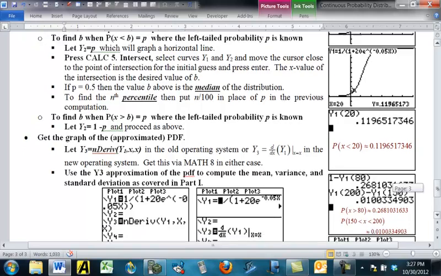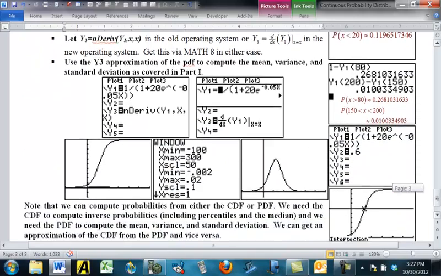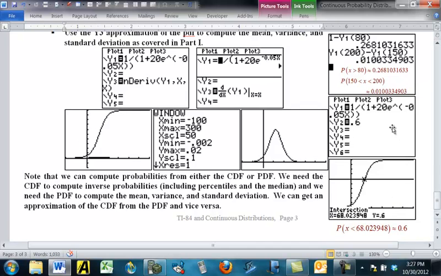And I think I have one of those illustrated down here somewhere. Yeah, so down here, these last two in the bottom right corner, I've got y2 is 0.6, and that graphs a horizontal line here. Then I did a calc intersect. You have to select two curves, make sure you're selecting the CDF and that horizontal line, and then you put your guess close to there and hit enter. Of course, it's going to give you a y of 0.6, and it's going to tell us x is 68 point something.